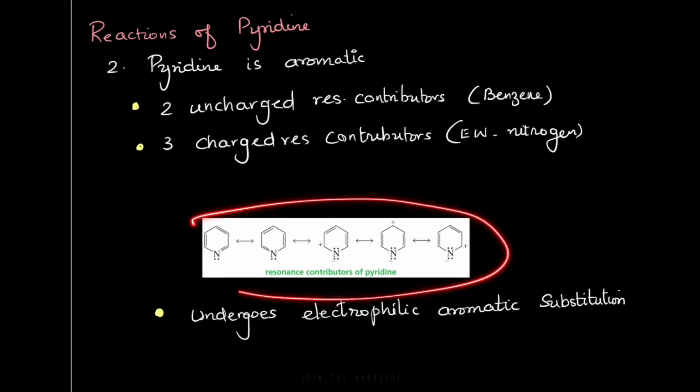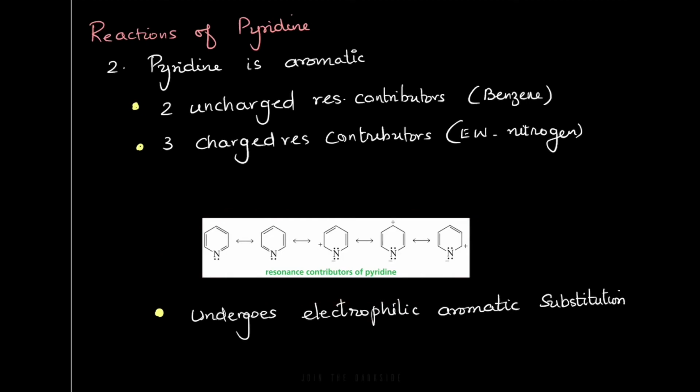Just as we have 2 resonance contributors for benzene, we have 2 uncharged resonance contributors for pyridine. And then we also have 3 other resonance contributors which are charged, and that comes because of the electron withdrawing ability of nitrogen.